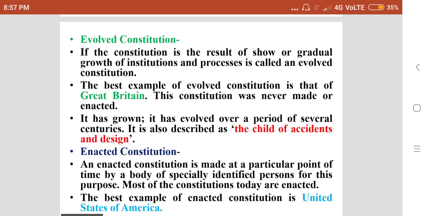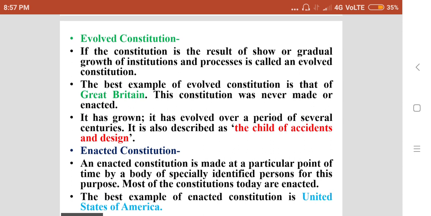Then the second classification, evolved constitution and enacted constitution. Evolved constitution means if the constitution is the result of slow or gradual growth of institutions and processes, it is called an evolved constitution. The best example of evolved constitution is that of Great Britain. This constitution was never made or enacted. It has grown, it has evolved over a period of several centuries.